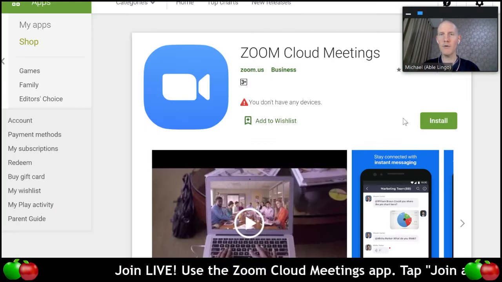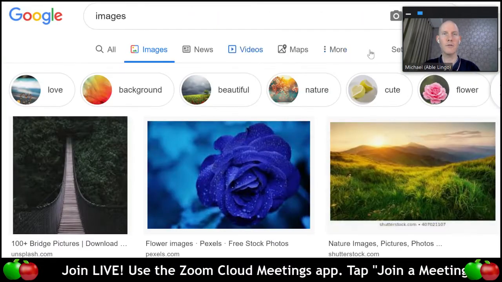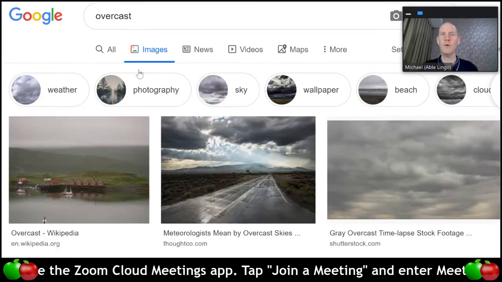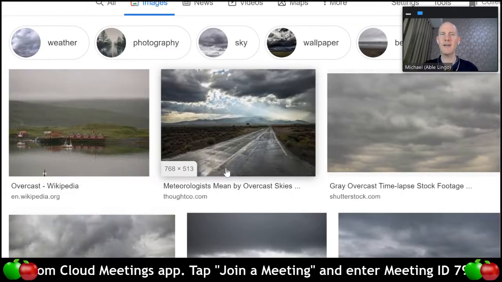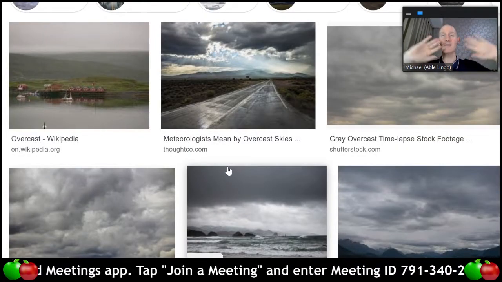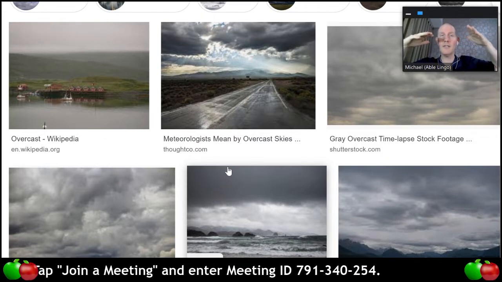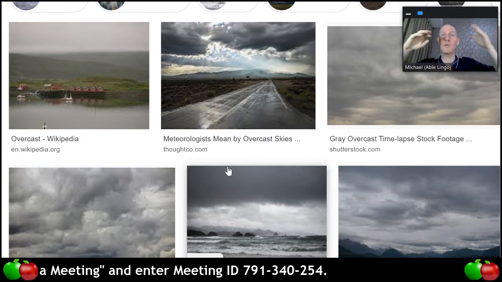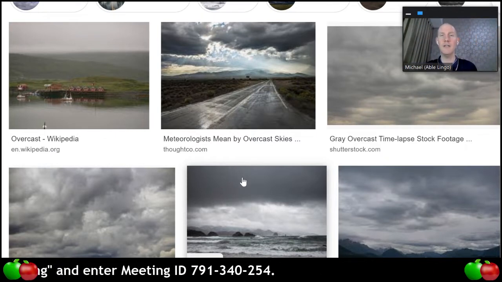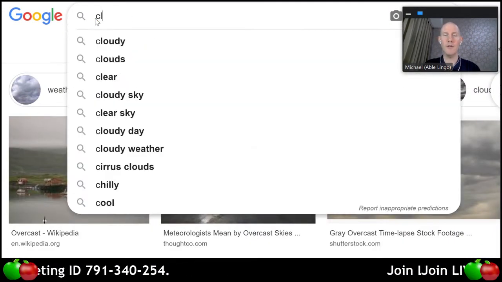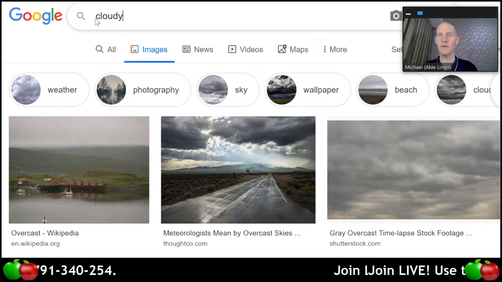So let's take a look at overcast. We're going to go to the image and we're going to put in overcast. So overcast is when the sky is pretty much covered in clouds, right? It could be a dark overcast day, or it could be a lighter day, but the whole thing is you're not seeing blue sky, right? Because if we just say cloudy, it can mean a few different things.